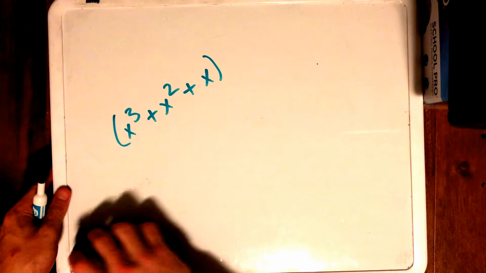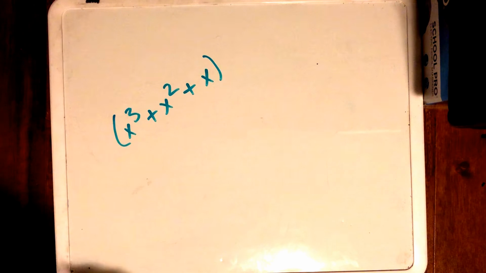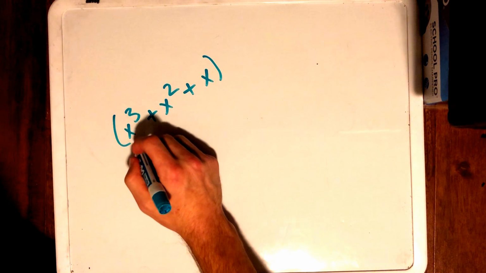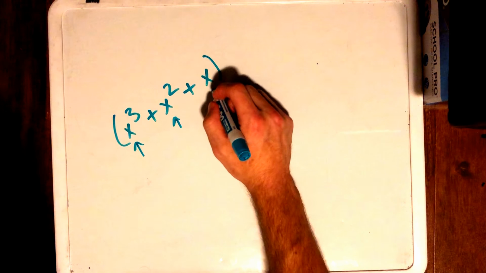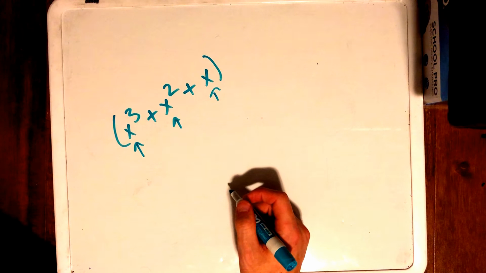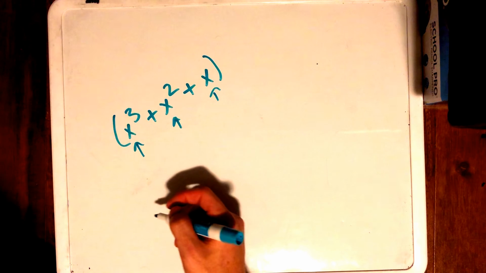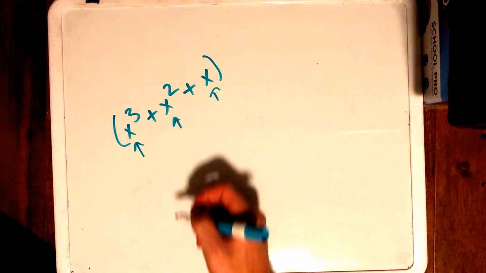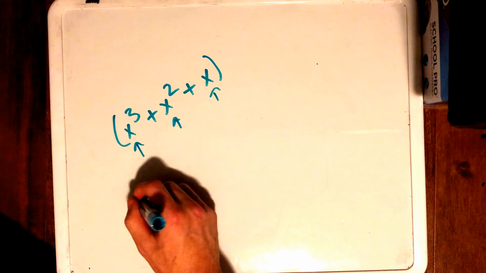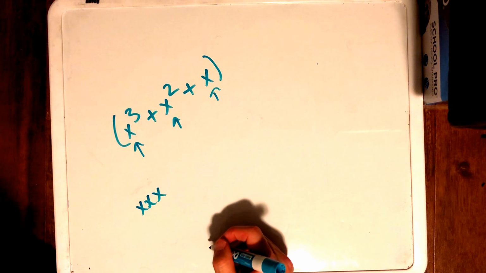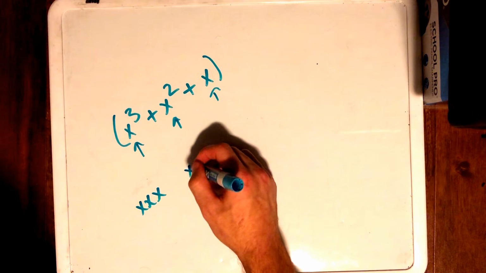So this one, if we're looking for the greatest common factor, like I said on the last problem, the first thing that I like to look for is to see if they share x's. The reason I like to do this is because I can just look at the terms without having to do any math and know that they share something. So this x cubed is really x times x times x. X squared is really x times x.